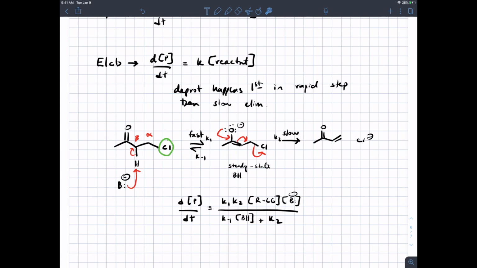So up here I showed you, oh, this is a unimolecular reaction that only depends on the concentration of the reactant. And it looks like that was wrong, because here's actually the kinetic expression. So I'm going to have to think about that for a minute.